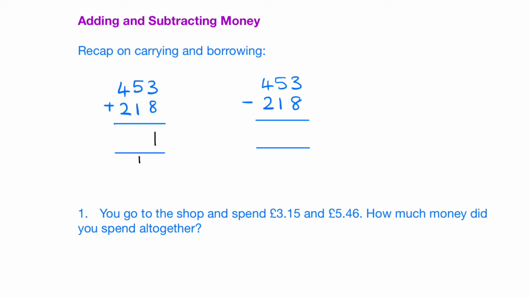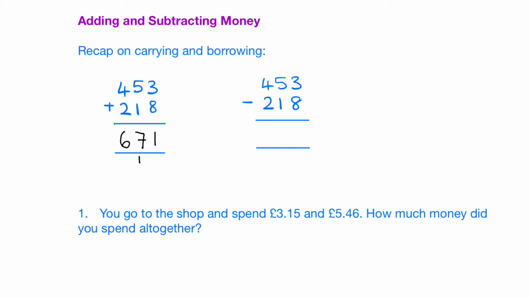So then we do 5 add 1 is 6, add this extra 1 here, makes 7. And then the final column here, we've got 4 add 2, there's nothing here, so 4 add 2 is 6, so the answer is 671.